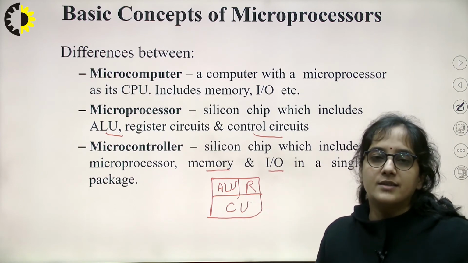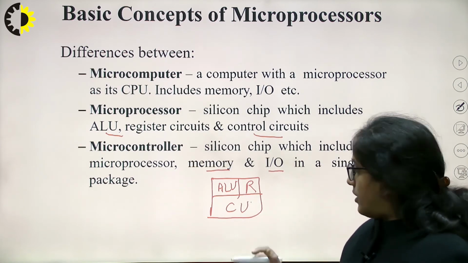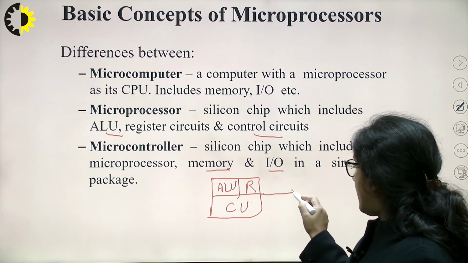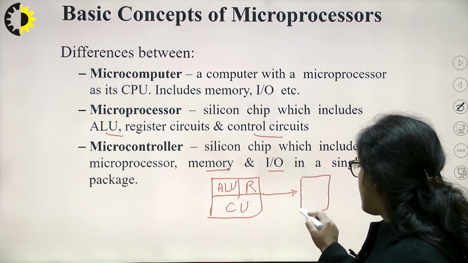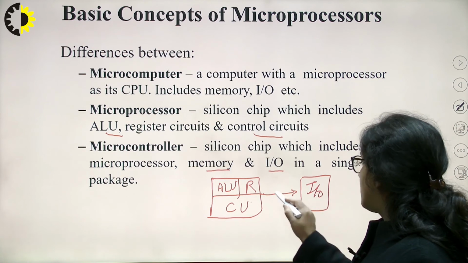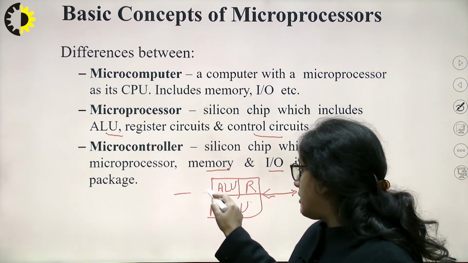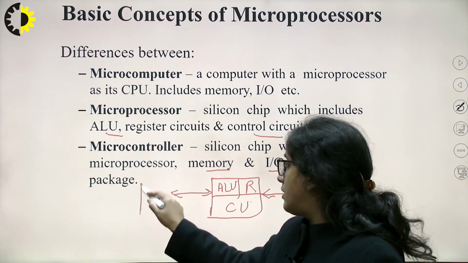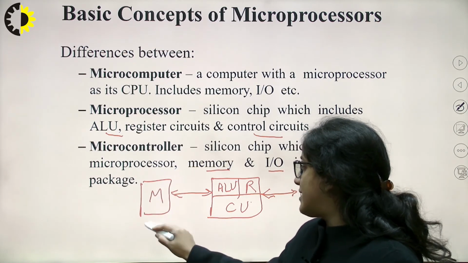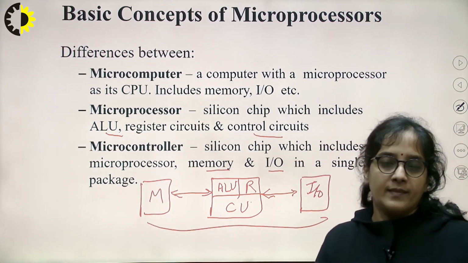These three are all on a single chip. When it is communicating with IO devices and memory, then this whole system becomes your computer.